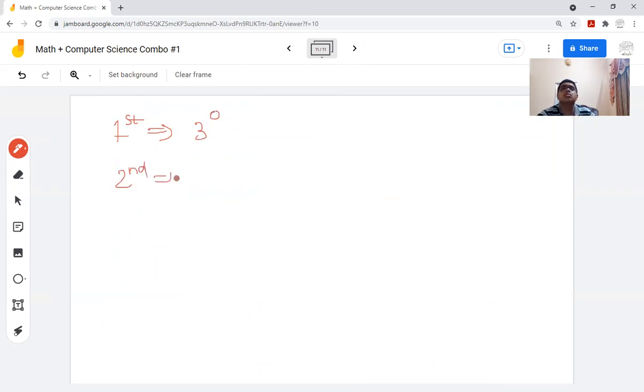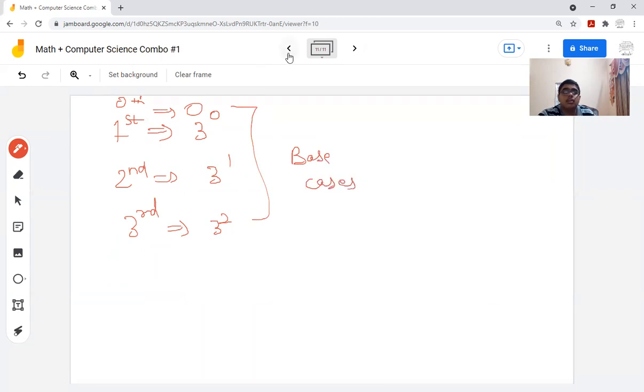Say you get the second term, then you add 3 power 1 to it. Say you get the third term, you add a 3 square to it. And say nothing was left, the 0th term, then add nothing to it. That's all, it's done. So the base cases are also important here while applying recurrence.